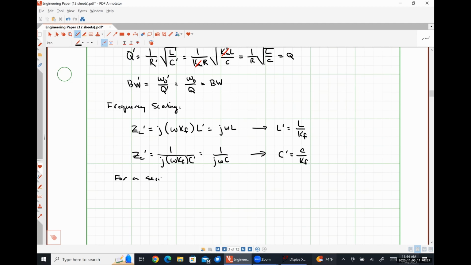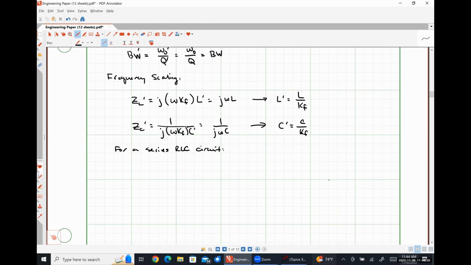So for a series RLC circuit, omega naught is the square root of 1 over L prime C prime. So sorry, this should be omega naught prime.